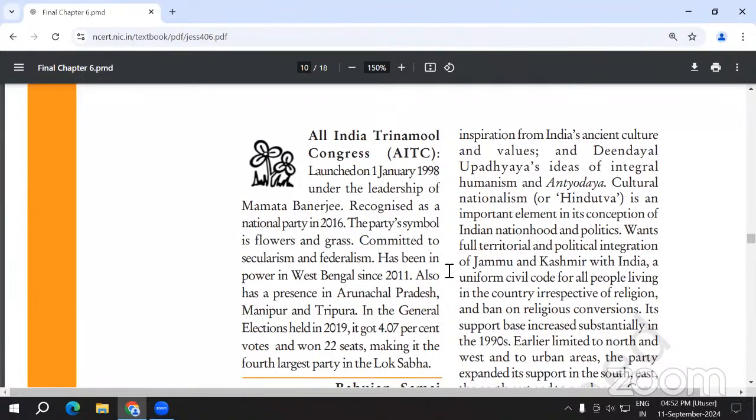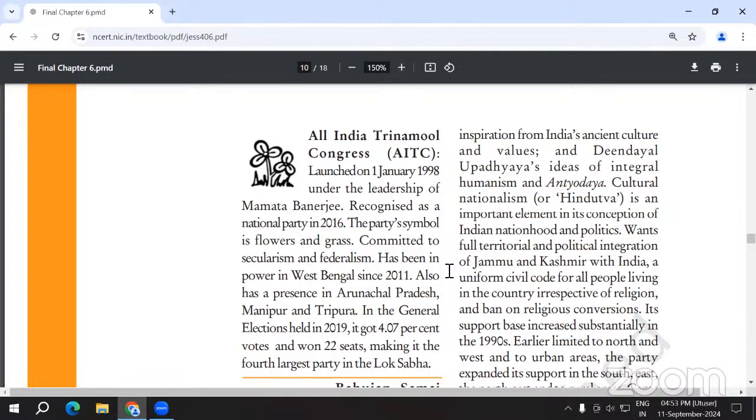Now, integral humanism and Antyodaya. You might have heard about Antyodaya.